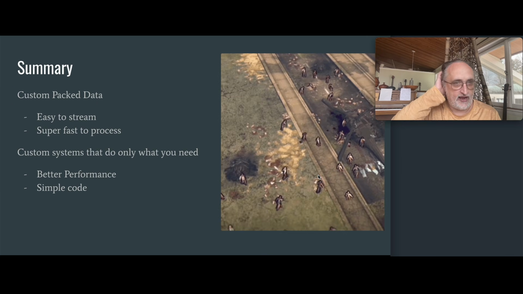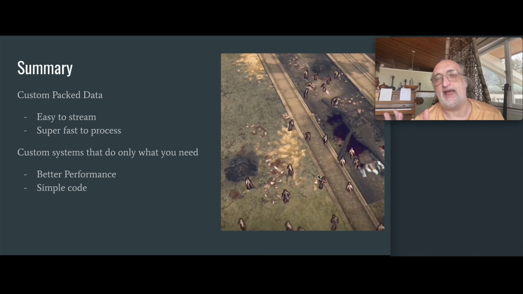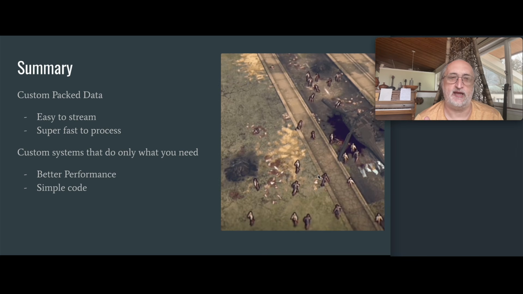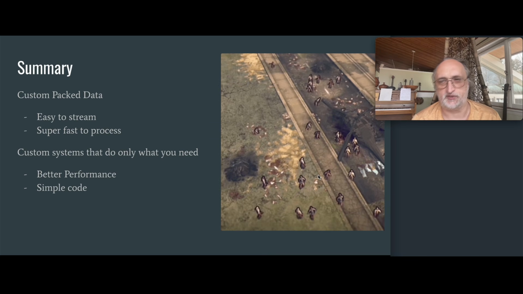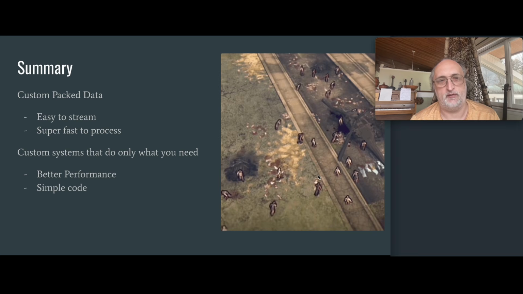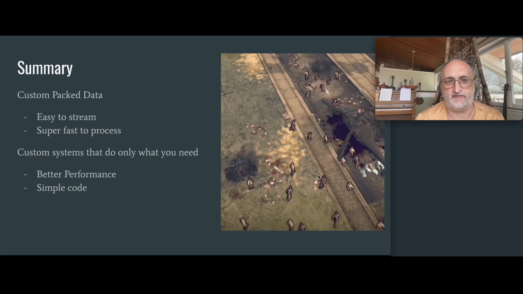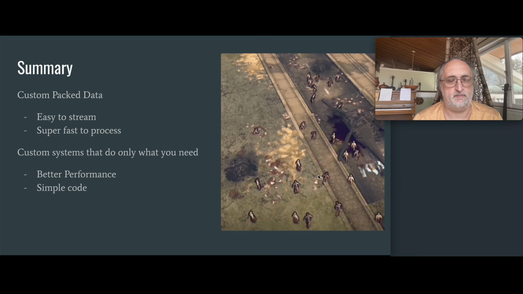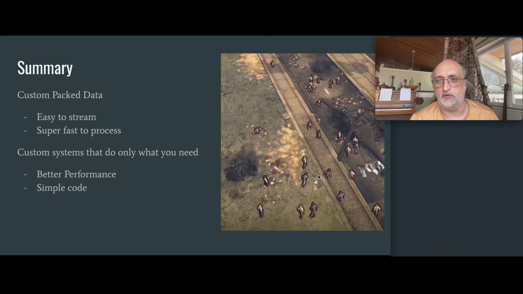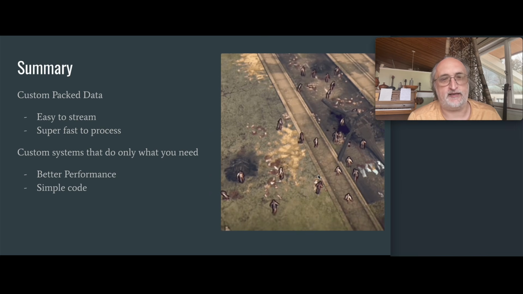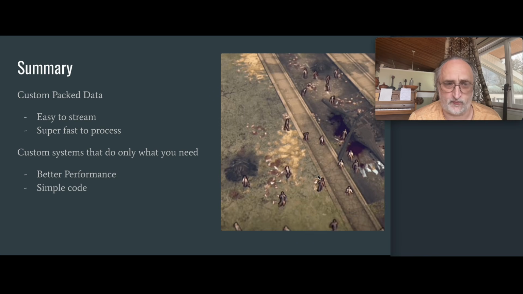So to summarize, packing your data down for your systems like this not only makes it easier to stream to users, makes your app smaller, makes you take less memory and stuff like that, but really it's about making it fast to work with. And writing custom systems that only do what you need, right, can massively help your performance.